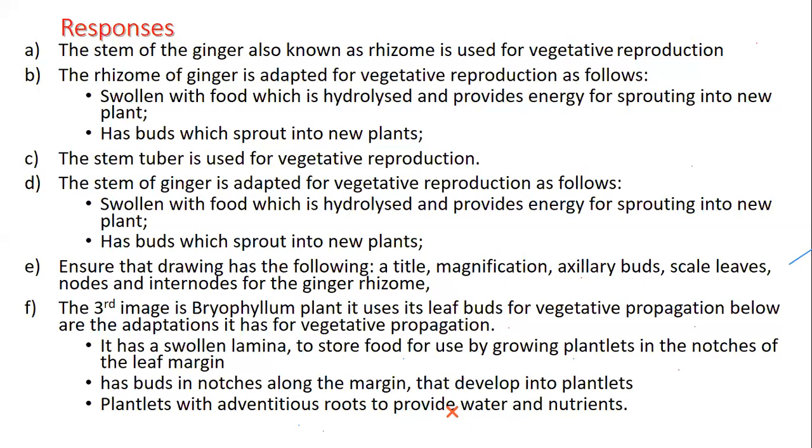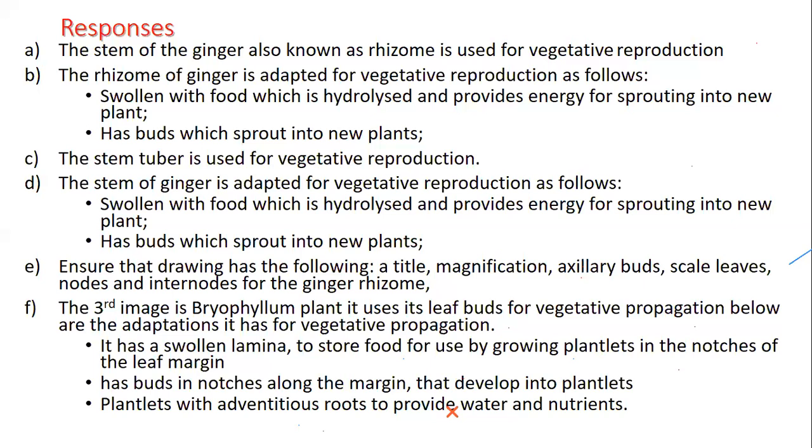So you notice if you keep an onion for so long, eventually all that will be left of that onion will be just scale leaves. I hope that helps us get that clearly. It's a common error, but it's very important to write things from a point of knowledge, not from a point of cram work. So they are scale leaves, not scaly leaves.